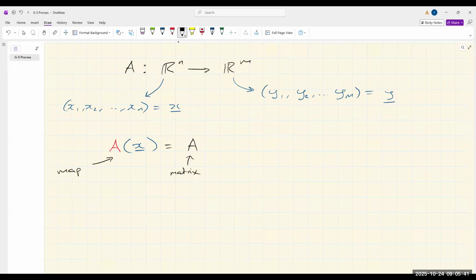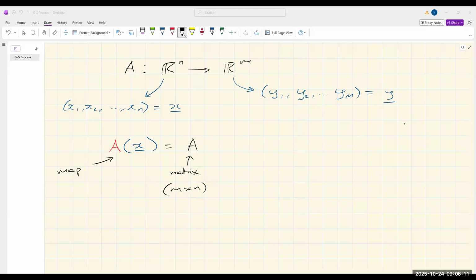So what I'm going to do is take a matrix A, and I always forget this, it's m by n. This is an m by n matrix, and I'm going to multiply it by the vector x.